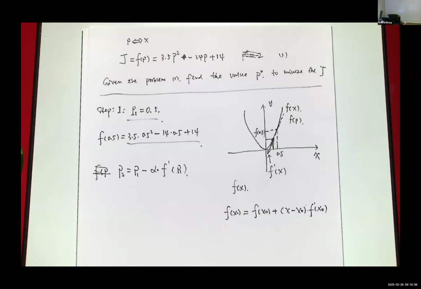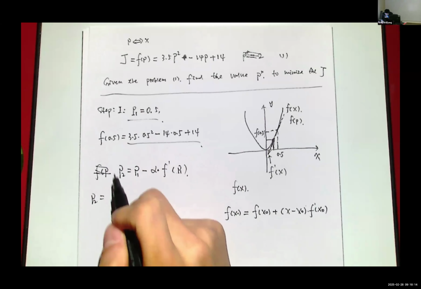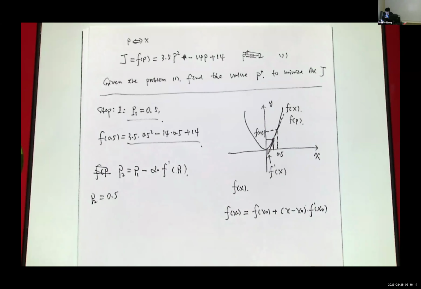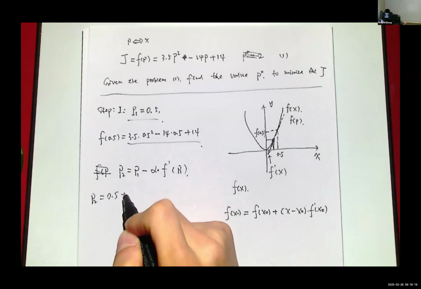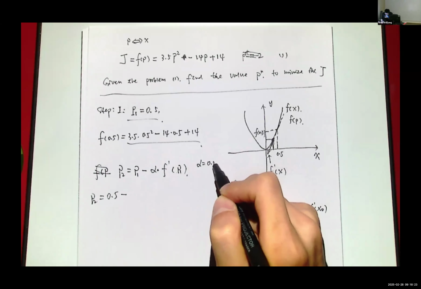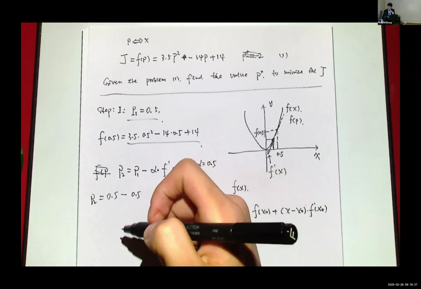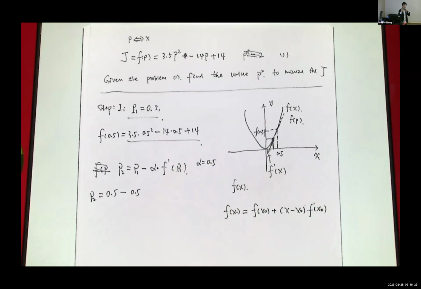Let's do one more iteration. P2 is equivalent to P1, which is 0.5, minus alpha. For example, if we select alpha as 0.1 or 0.5, you can select any value as long as alpha ranges from 0 to 1.